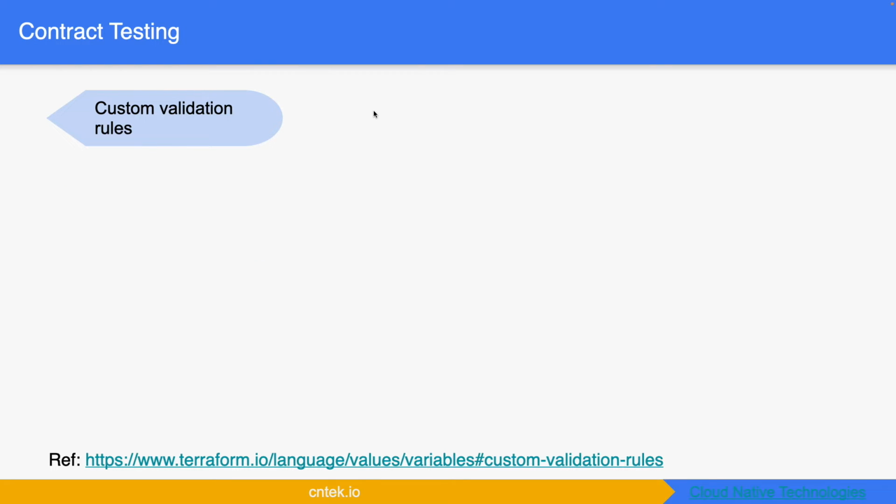Contract testing: when you define variables, you can write some custom validation rules. For example, you define a variable which should only expect certain values. Let's say you define a variable called environment, and you only expect certain values like dev, staging, and prod. You don't expect any other values. So you can have validation for such a variable.